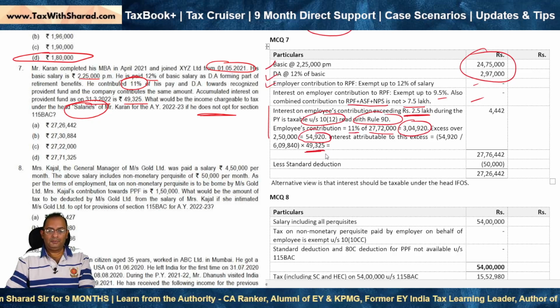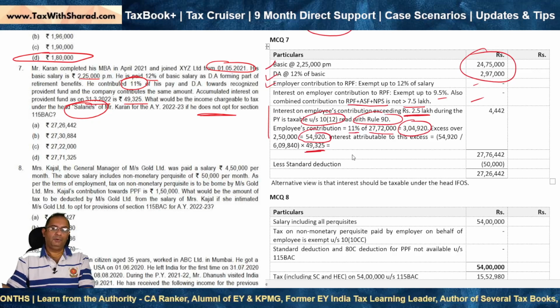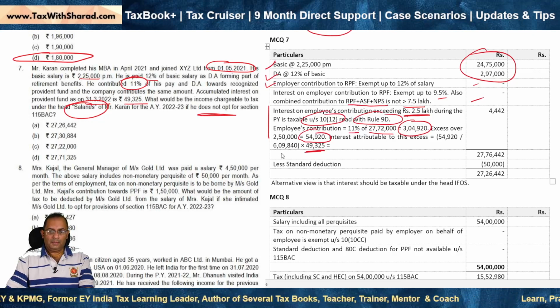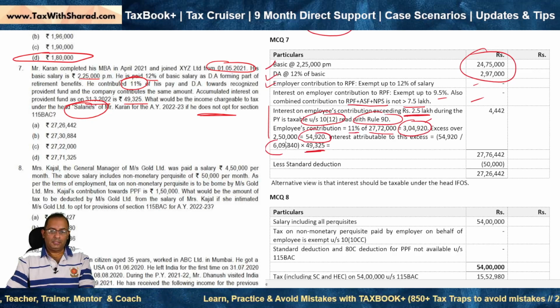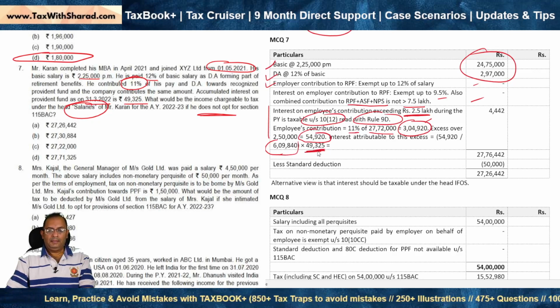Now this 49,325 is on account of employees' contribution also and employer's contribution also, right? So the contribution of both comes to 3,04,920. This is employees' and employers' contribution of the same amount as well. So this is the total. 609,840 is the total contribution, on which interest at the end has been 49,325.